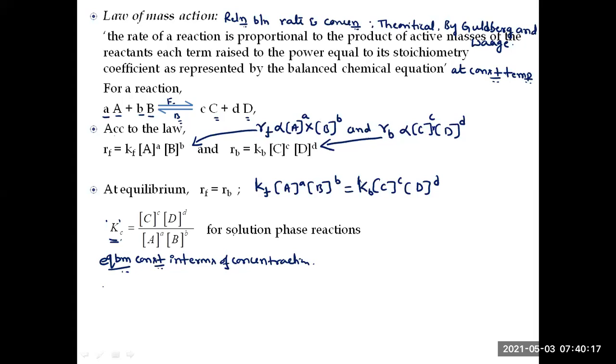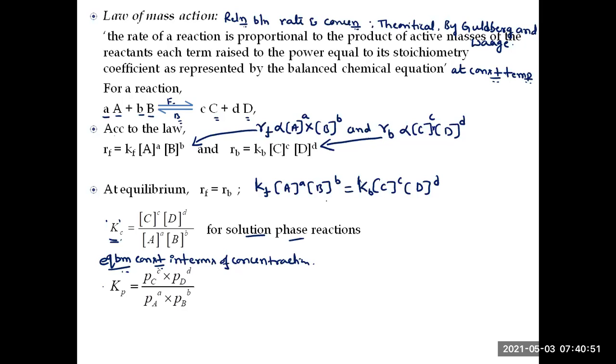It is particularly applicable for reactions happening in the solution phase. What about reactions happening in the gaseous phase, where all reactants and products are in the gaseous state? In such cases, we write the equilibrium constant by considering their partial pressures. So for gaseous reactions, we use another equilibrium constant with subscript P, P for partial pressure.